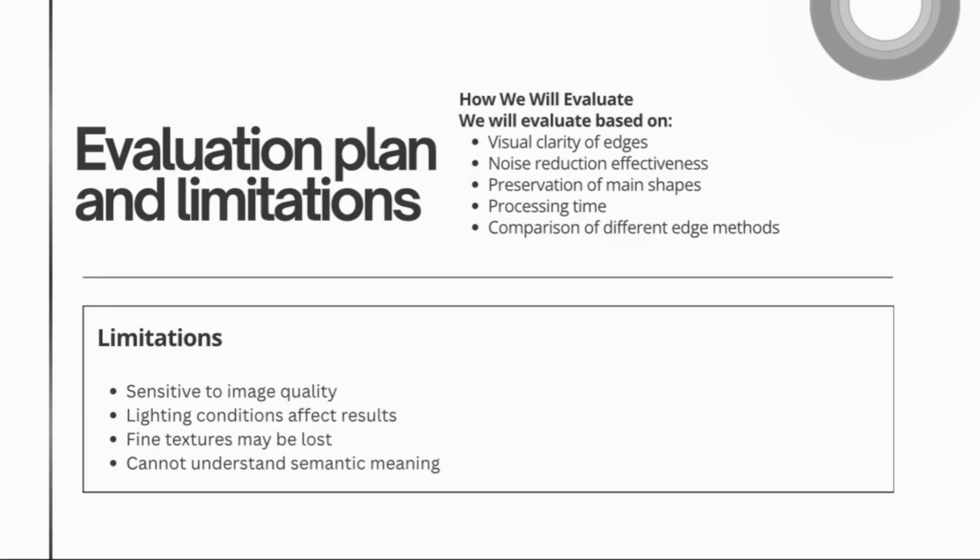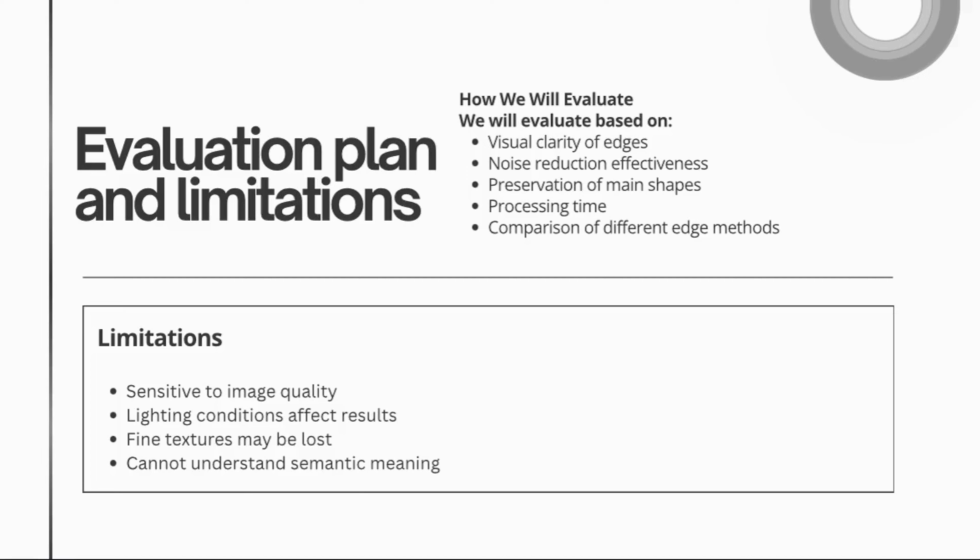So limitations: it is sensitive to image quality, such as some of the images being rotated, some already blurred, and if we use a Gaussian blur on a picture which is already blurred, it's going to create more noise. Lighting conditions also affect results, and fine textures may be lost.